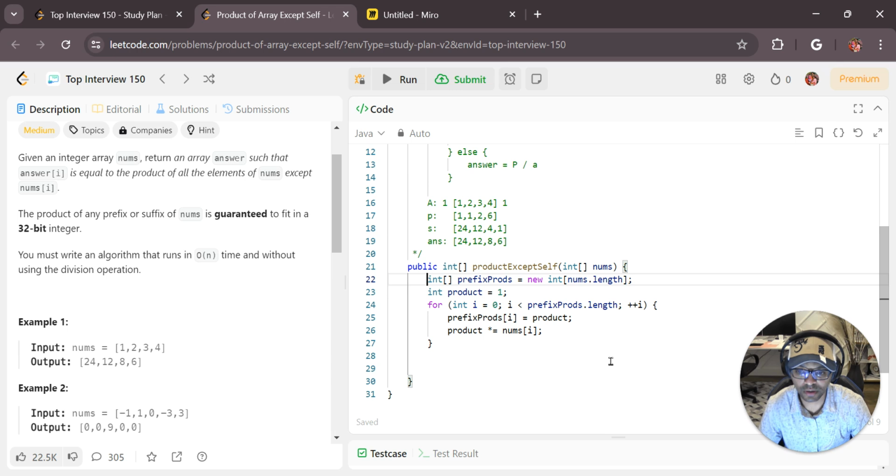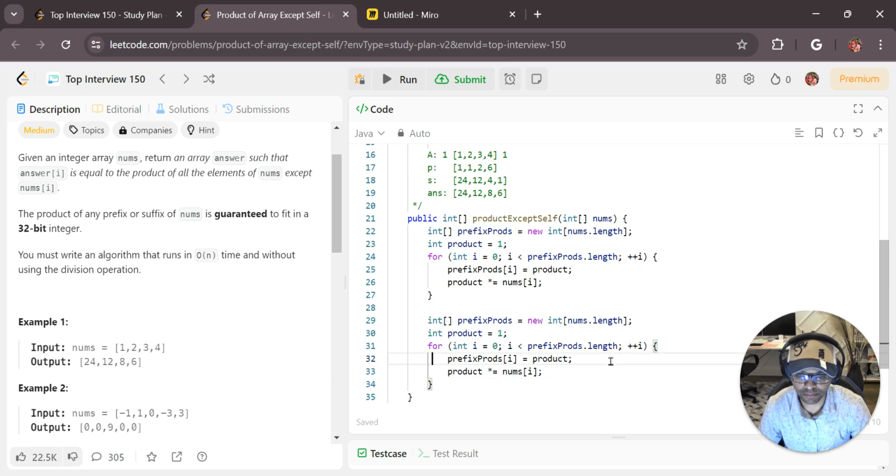And similarly, we should be able to compute the suffix products. Suffix prods, well, product is already defined, and then we go from suffixProds.length minus 1, and greater or equal to 0, and minus minus i, right?